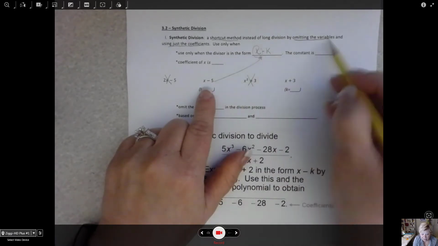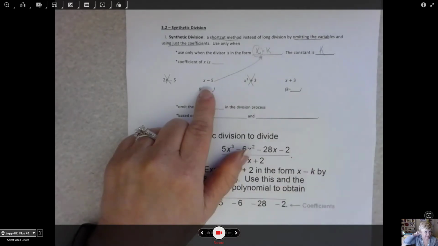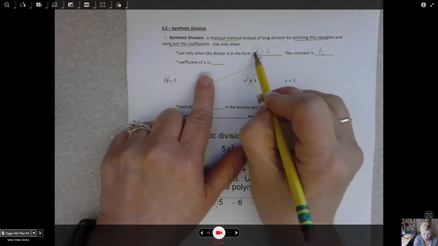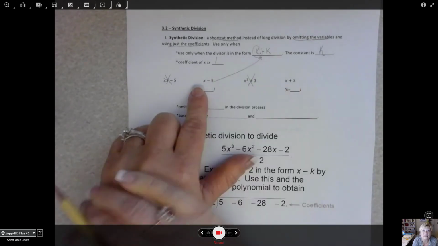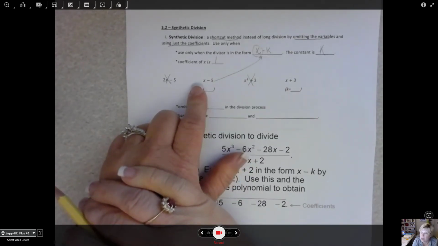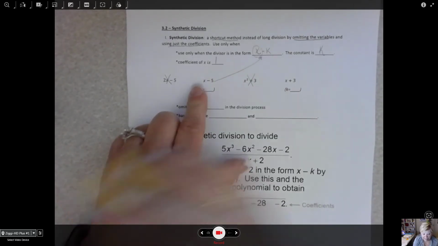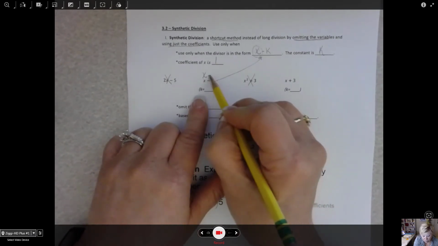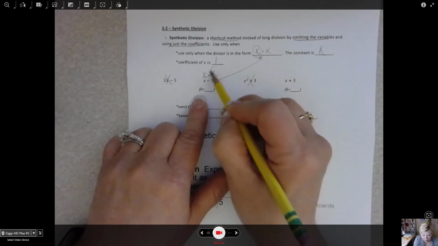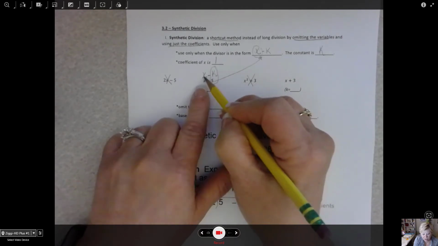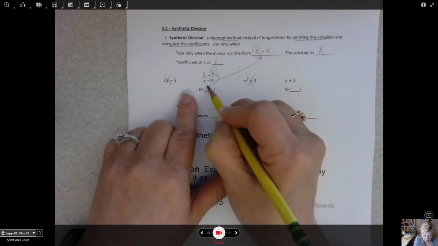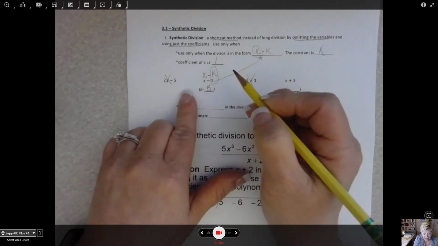So the constant is going to always be the k value. The coefficient of x is always 1. And so is the power of x, always 1. In this particular divisor, the k value would be 5 because it goes exactly by that little divisor formula. So the k value is 5.